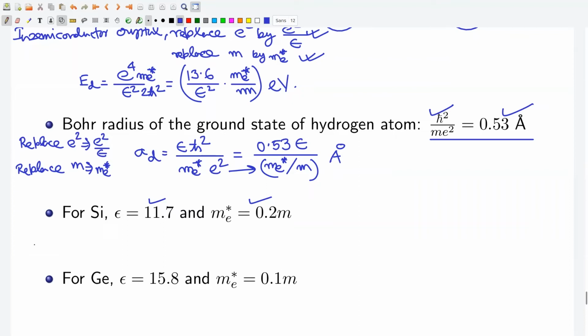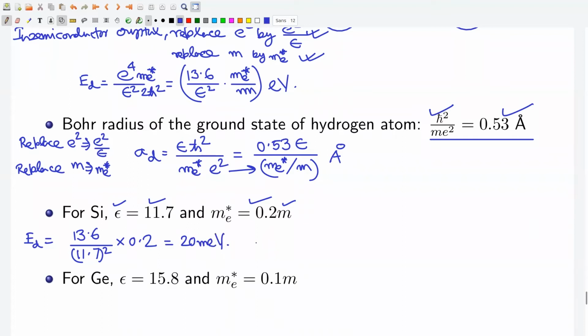So for silicon, ED is equal to 13.6 divided by 11.7 whole square, which is the value of epsilon, times 0.2, which is the value of effective mass.